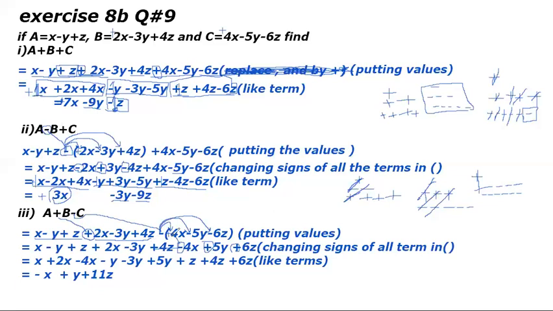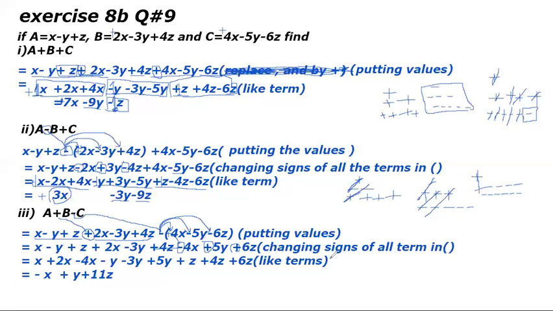We are just changing positive 4x into negative 4x, negative 5y into positive 5y, negative 6z into positive 6z. We are only changing the signs of those terms which are in the parentheses because these terms have a negative sign outside the parentheses.